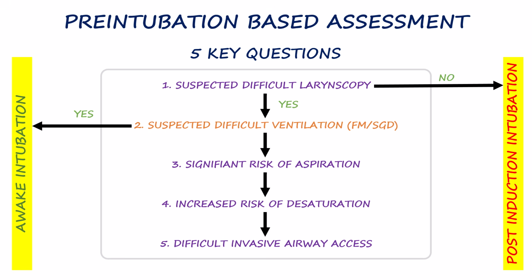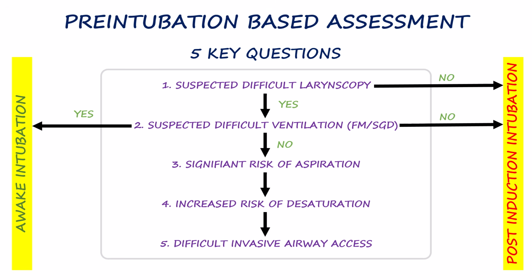If mask ventilation and supraglottic airway use appear feasible, we may proceed with intubation even if laryngoscopy is predicted to be difficult. The reason is that we know oxygenation can still be maintained using these backup techniques if intubation fails. However, before committing to this approach, we still need to consider the remaining questions to ensure overall safety.